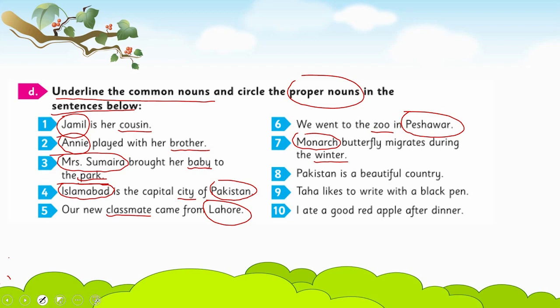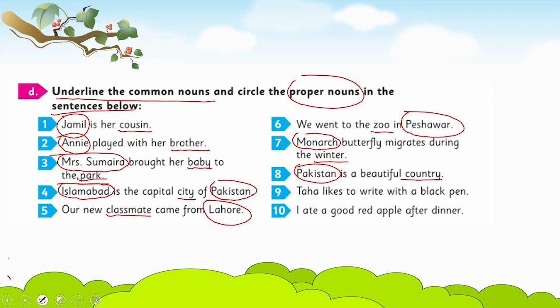In the 8th sentence, Pakistan is a beautiful country. Pakistan is what? A proper noun, and country is a common noun. In the 9th one, Taha likes to write with a black pen. Shabash, you have to tell me. There are two nouns. The first one is Taha and the second one is pen.